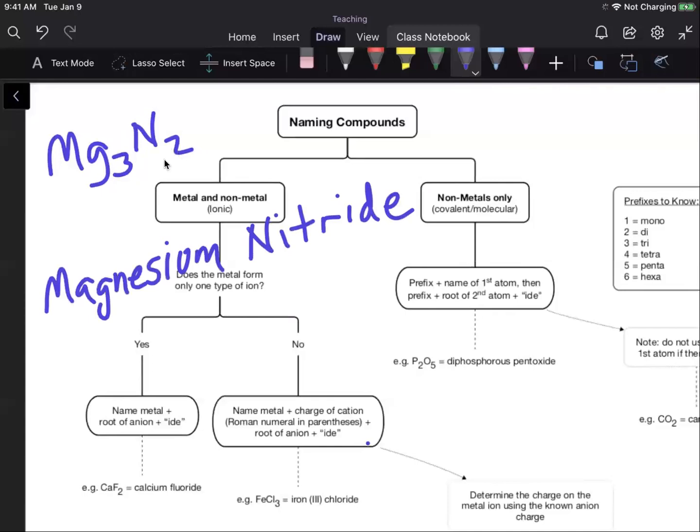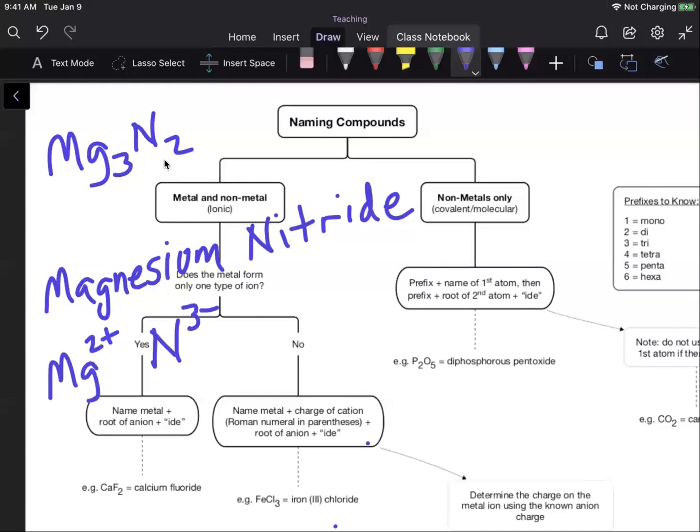Now, if we want to get detailed about what this compound is made up from, let's look at where magnesium is. Magnesium is group 2A on the periodic table, so magnesium is 2 plus, and nitrogen is group 5A, so it is 3 minus. So the compound itself is made up of magnesium 2 plus ions and nitrogen 3 minus ions.